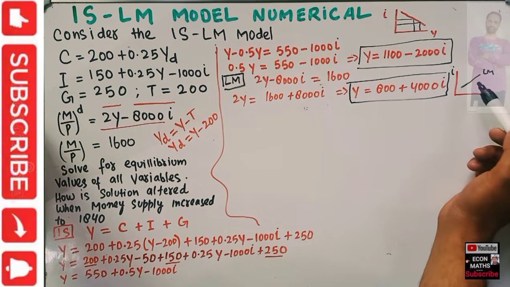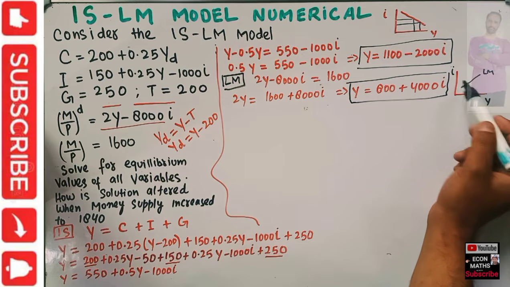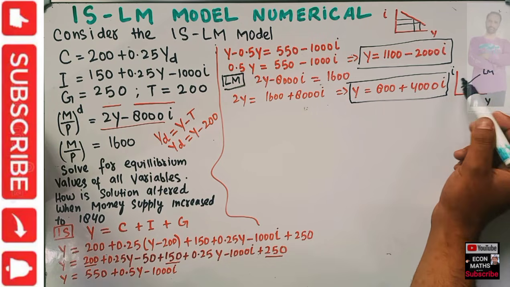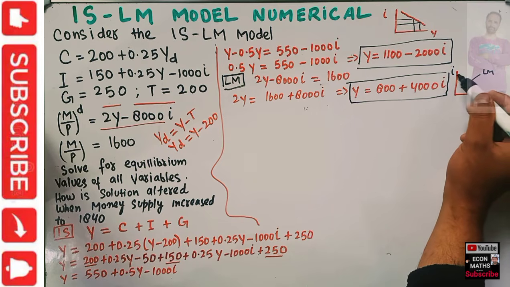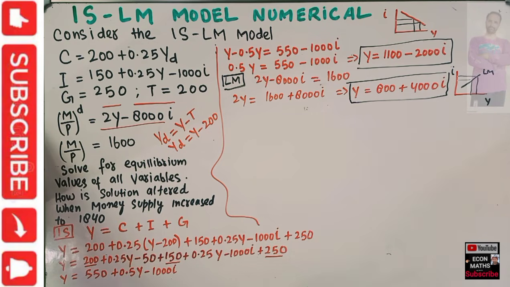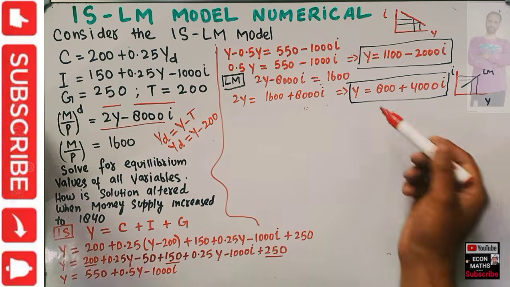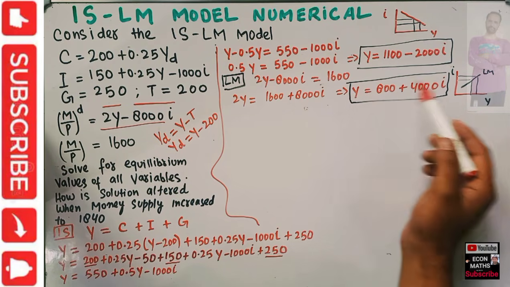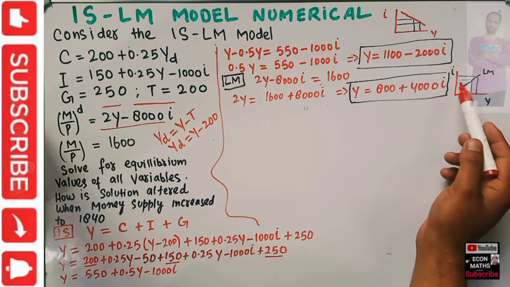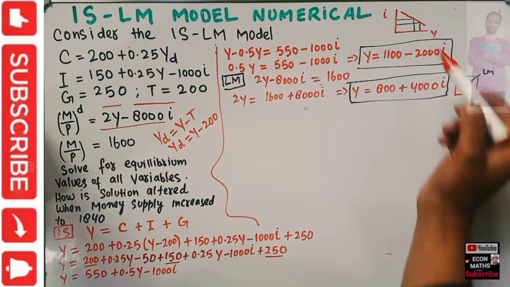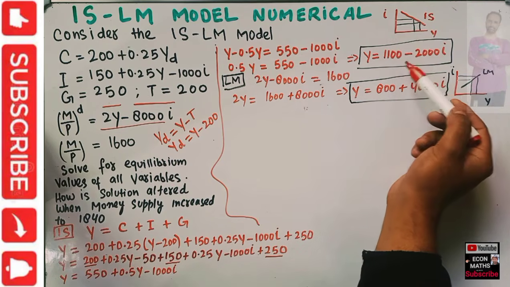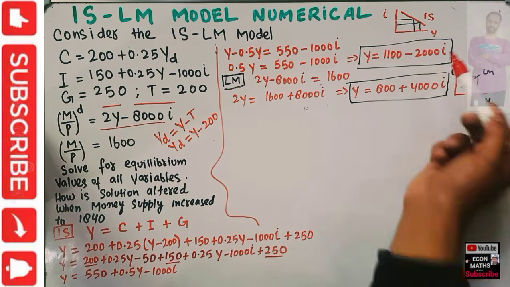So it shows us different combinations of interest rate and income where our money market is in equilibrium. And here you can see there is a positive relationship between level of GDP and rate of interest. If interest increases, our GDP increases, but in case of the IS curve, there is a negative relationship between income and level of interest.